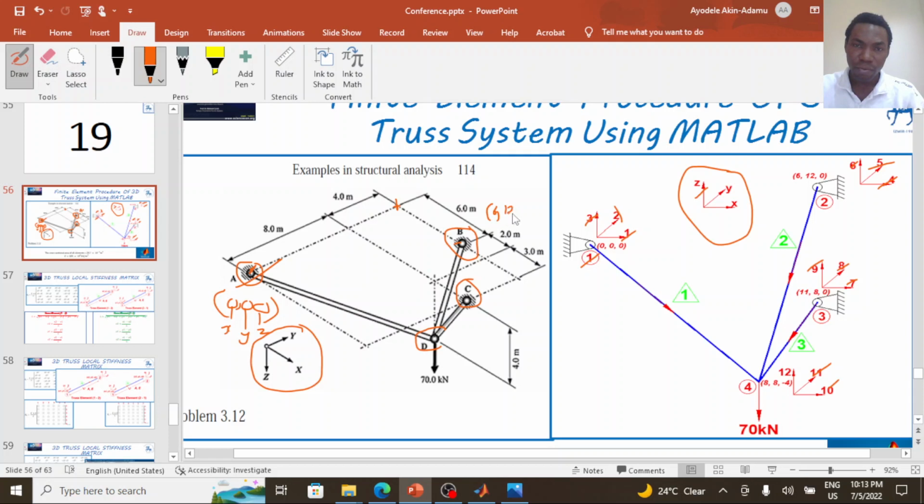And the z is 0 because node A and node B are at the same vertical level, as we see in the diagram. So this is the coordinate definition for node B. For node C, the x component, which is in this direction, will be the distance from this point to this point. And that distance is 6 plus 2 plus 3, which is 11.